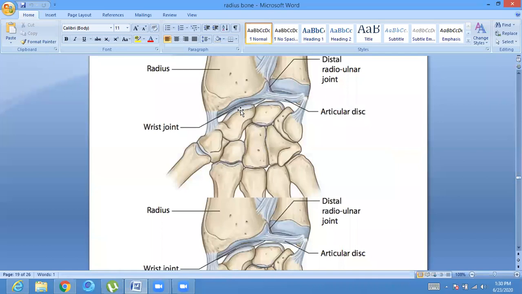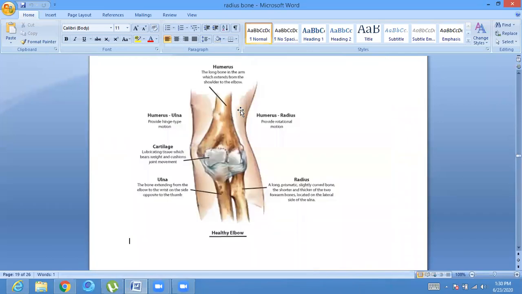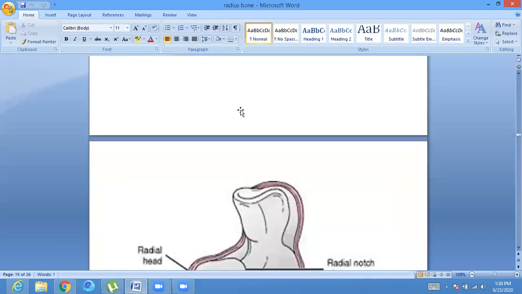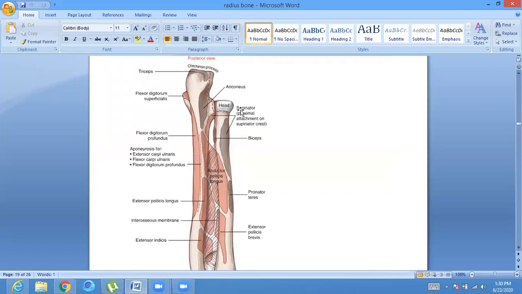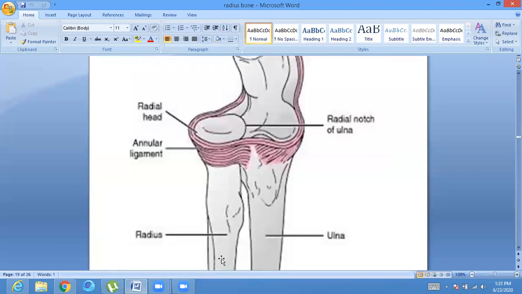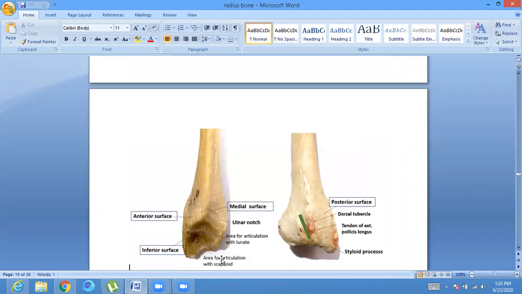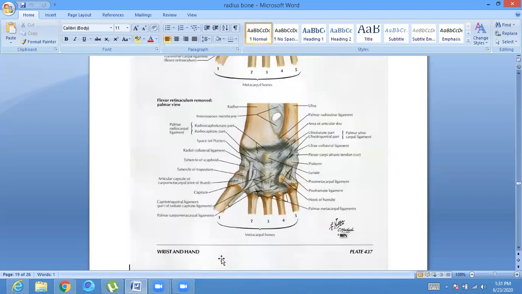Let me show you. Here you can see the base of the styloid process. There is the insertion of the muscle called the brachioradialis, and to the apex of this process there is the attachment of the ligament called the radial collateral ligament.